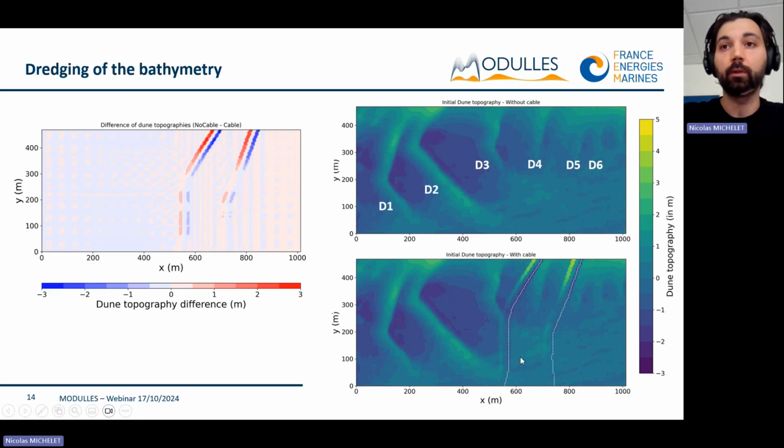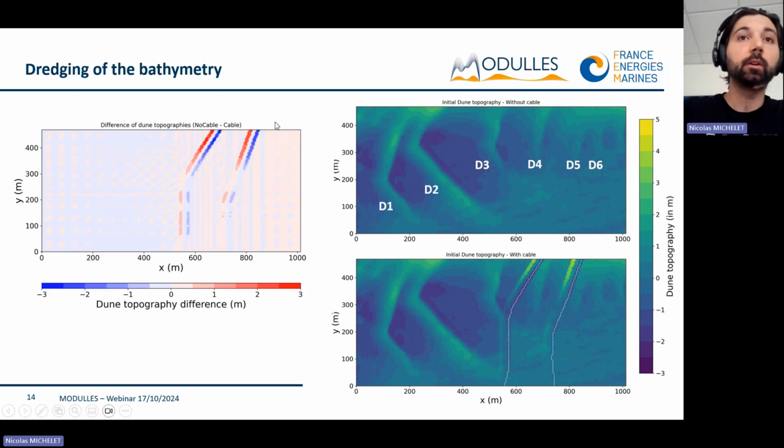You can see following the 2 white dash lines here, the trenches, and the modification is here. So you can see on the northern part of each cable, we have to dig 2 or 3 meters to install the cable to let the marine dunes pass over it.